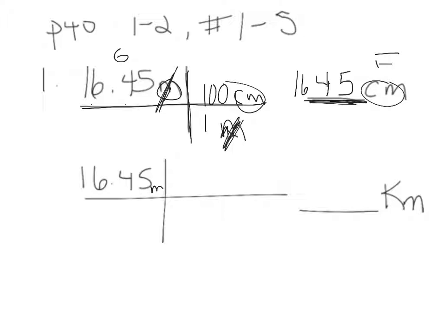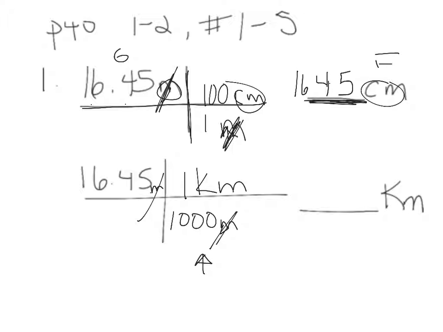In this example, this is meters here again. We want to get to kilometers, so our conversion factor that we put in here will be the equivalence of meters to kilometers. There are 1,000 meters in 1 kilometer. So meters cancels meters, top units cancel out bottom units, and you take 16.45 and divide by 1,000.